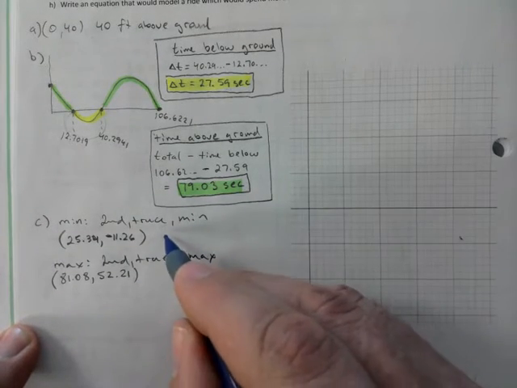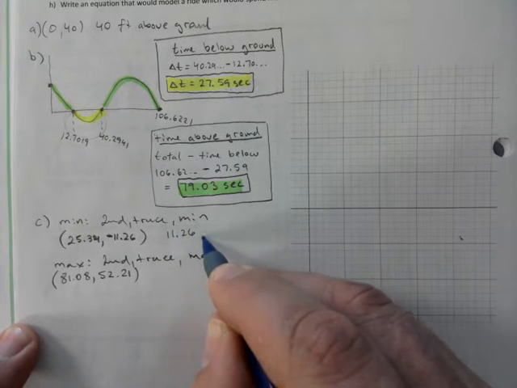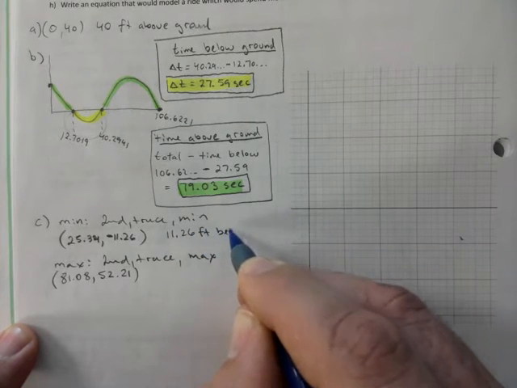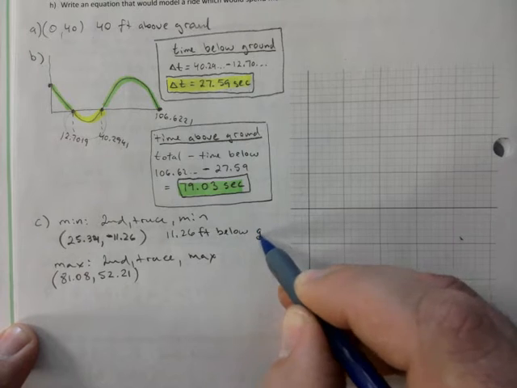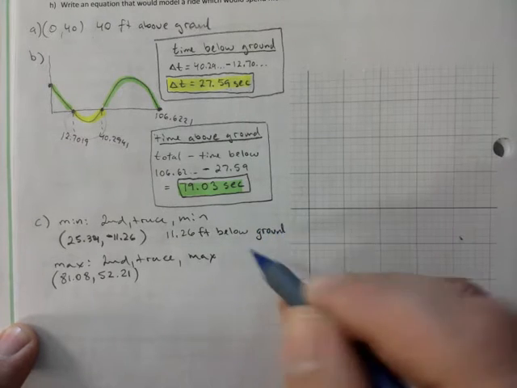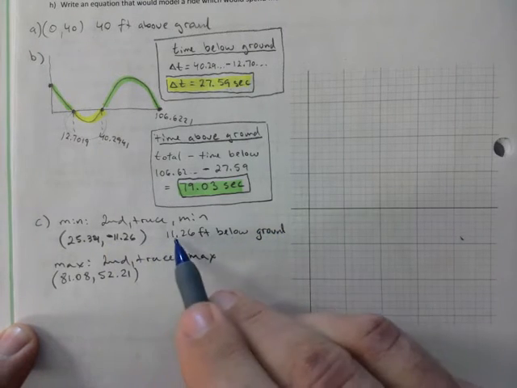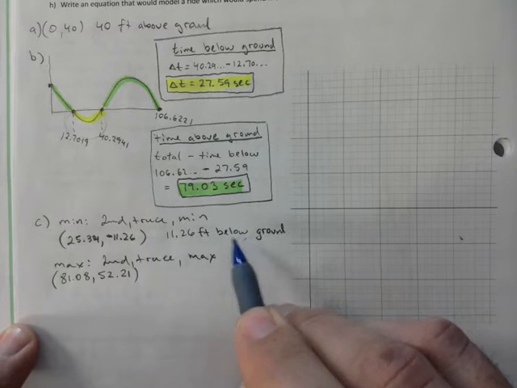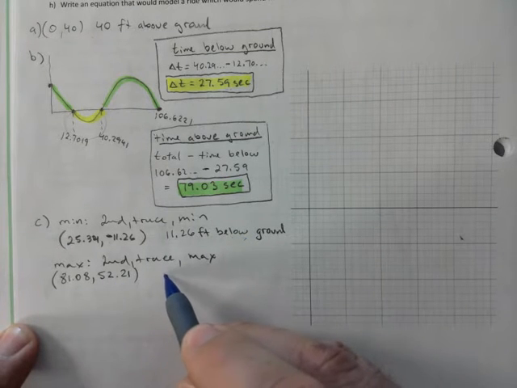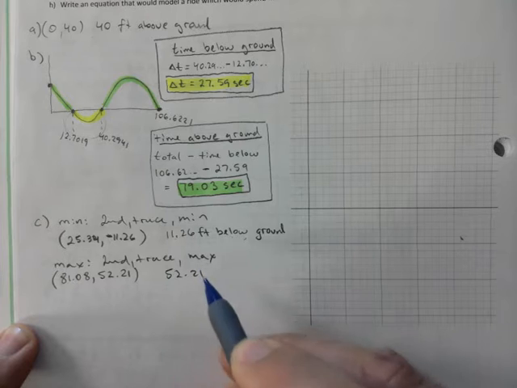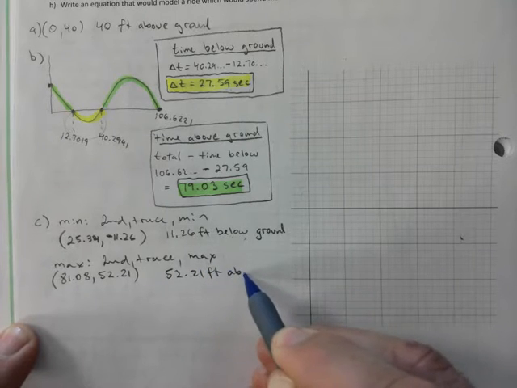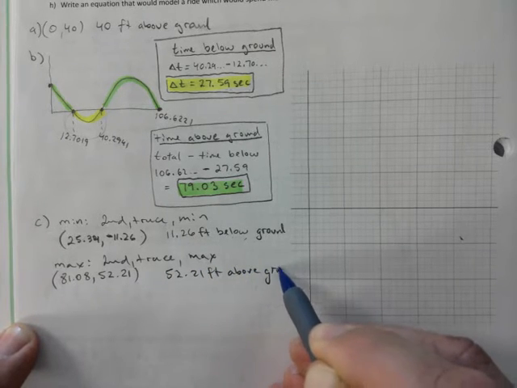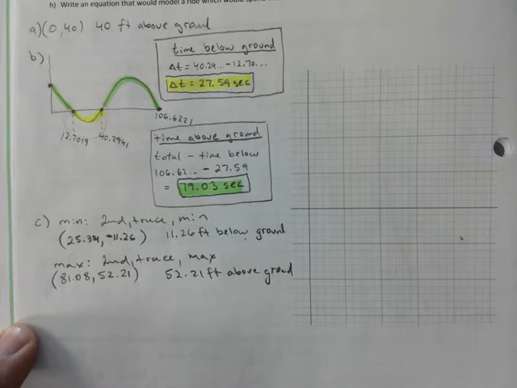So lowest is 11.26 feet below ground. Right? Because of that negative, we answer it this way. And then the other one, the max is 52.21 feet above ground. That's the highest point you reach on this ride.